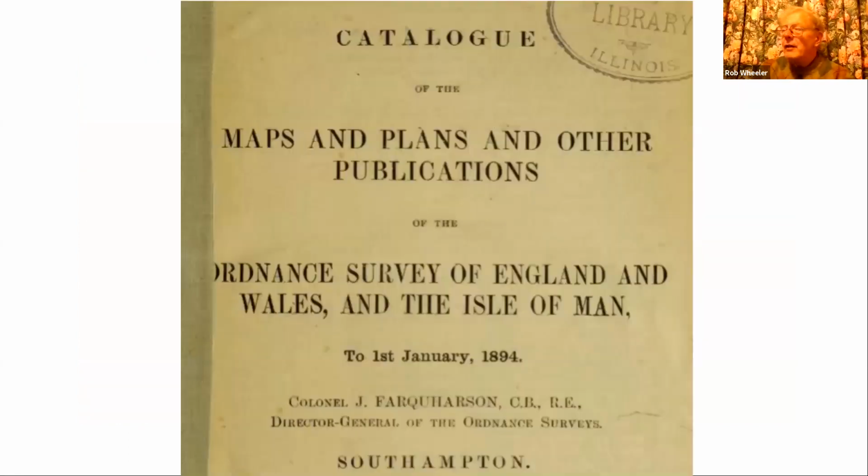The big OS catalogue provides, or may provide, the answer. The 1894 one is available online, but the bibliography of OS catalogues on our website lists versions going back to 1862. The earlier ones are much smaller in terms of pages, but they seem to grow in proportion to the overall number of maps, so I presume their form remained more or less unchanged.